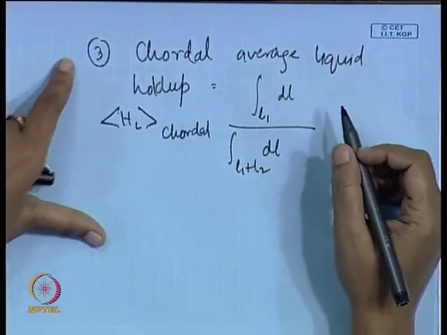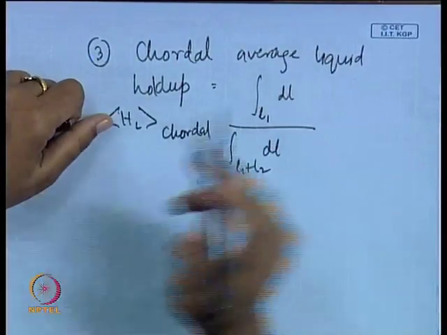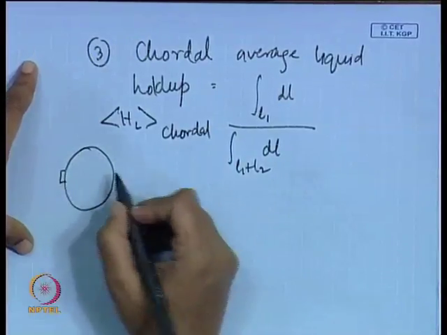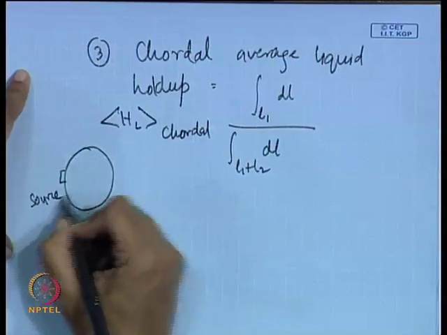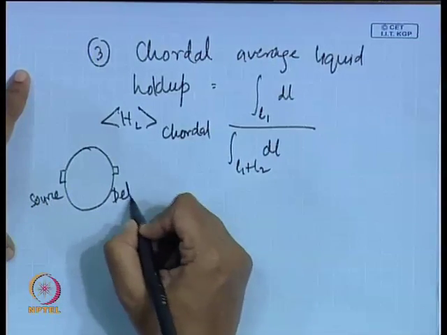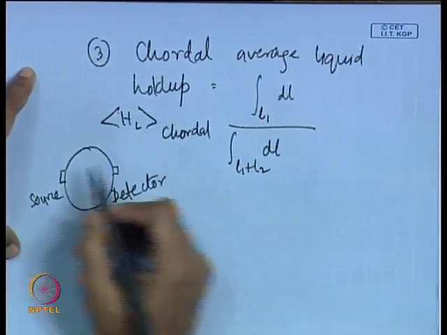Okay. Now, how do we measure this? Suppose we have any particular radiation attenuation, maybe a gamma ray source or a beta ray source or maybe an optical source, an infrared source, whatever it is. If it sends a very narrow beam of light, say we have the source here and we have the detector on the diametrically opposite portion.